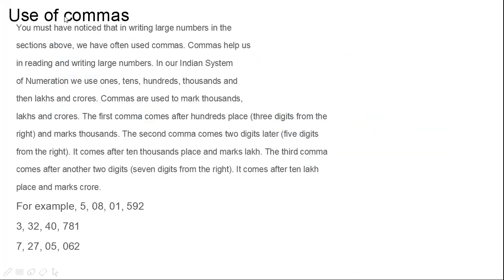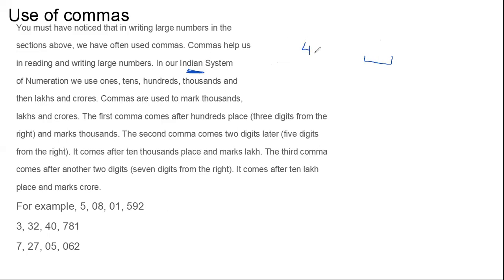So let's move on to this comma topic. Actually, this comma is used to make the count easy, right? So this can be in the Indian system also, and this can be in the international system also. In our Indian system, it's a trick you can remember.